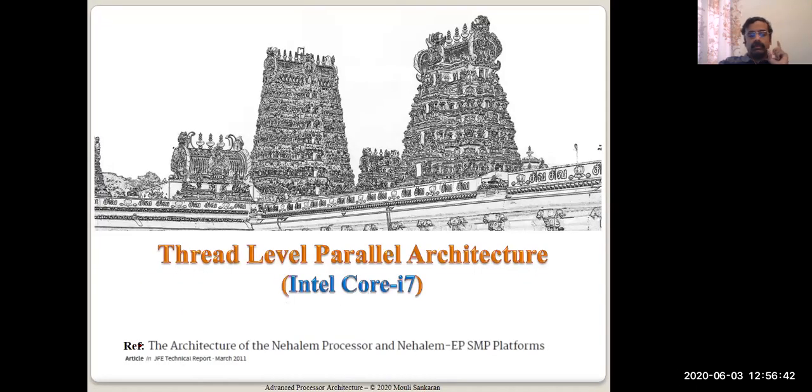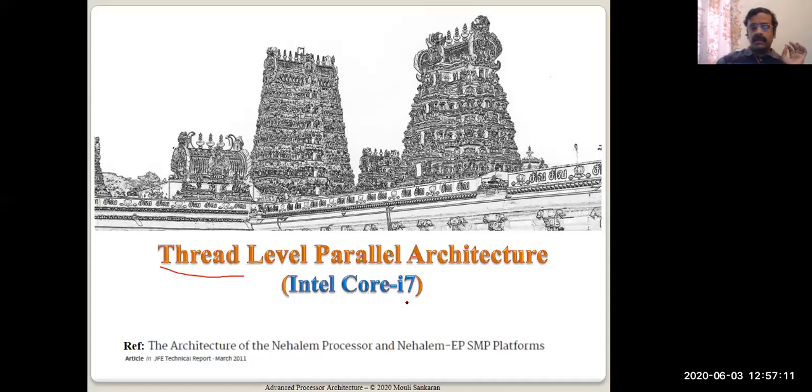Now we started off with thread level parallelism, and thread level parallelism means multi-threading. I explained to you how multiple threads are there, how it is implemented in Intel, what hyper-threading is, and how it is sharing the resources. That means two streams of instructions getting executed by a superscalar processor simultaneously.